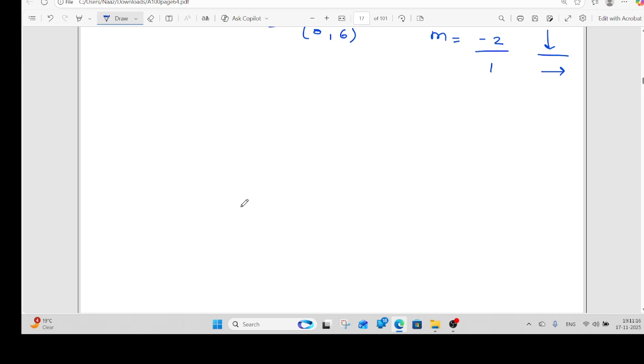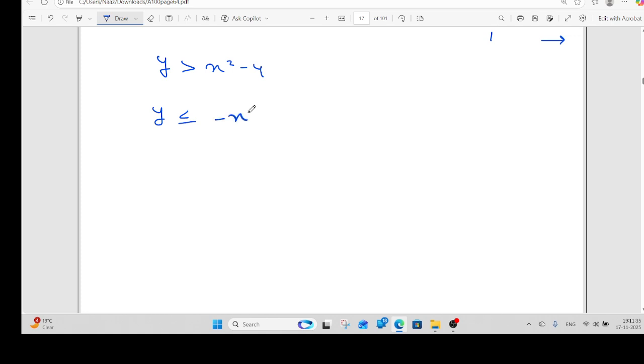Now let's take one example of quadratic. Okay, so let's say we have two quadratic inequalities: y is greater than x square minus 4 and y is less than or equal to negative x square plus 2x plus 3.